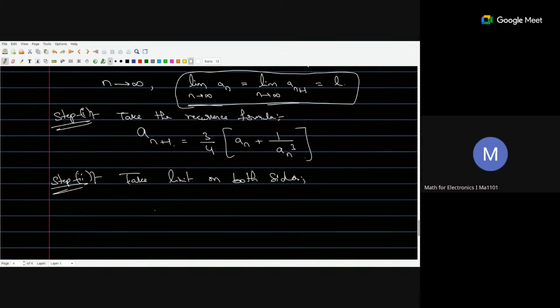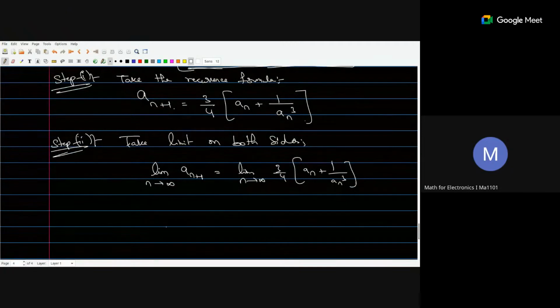Once you take limits on both sides, limit n tends to infinity of a_{n+1} equals limit n tends to infinity of 3 by 4 of a_n plus 1 by a_n cube. Okay, so you are just taking the limit on both sides. Also, I will tell you, you can cut down step 1 and step 2 once you practice more and more problems. I'm giving a detailed stepwise method for how we solve this.